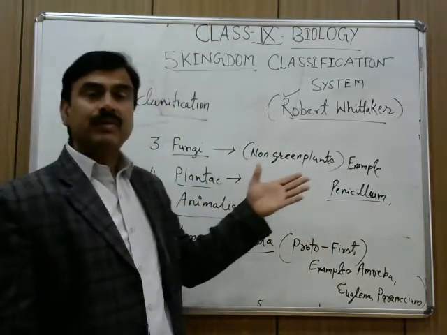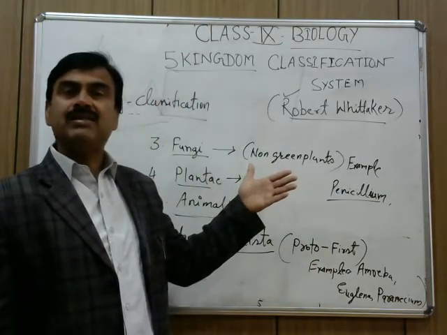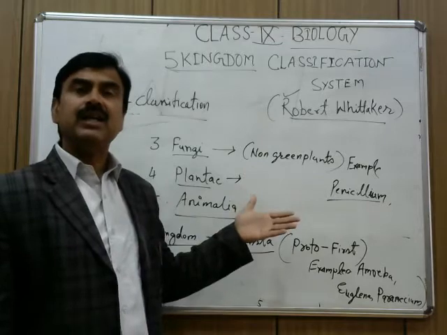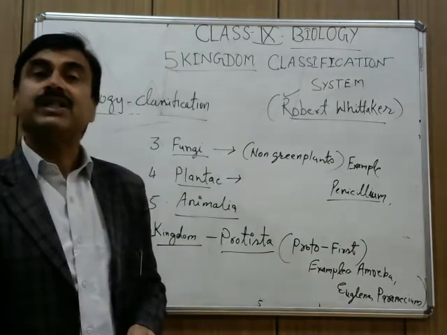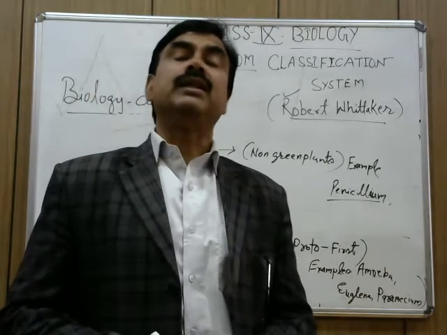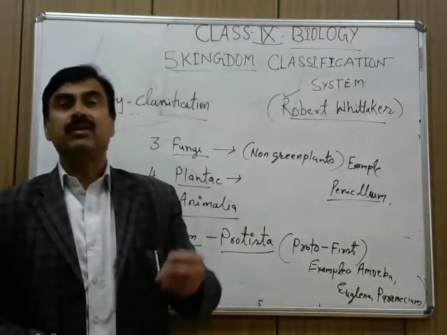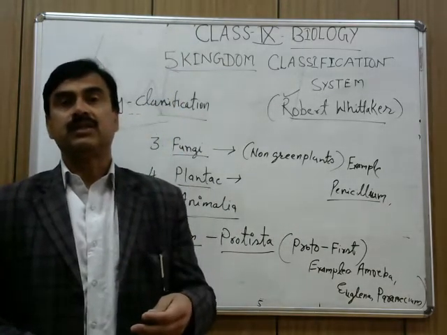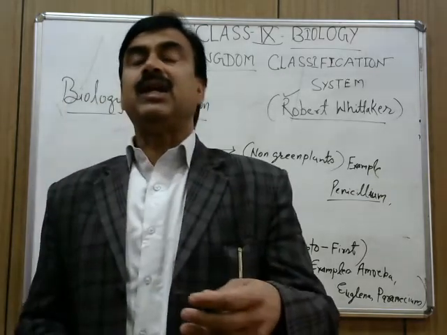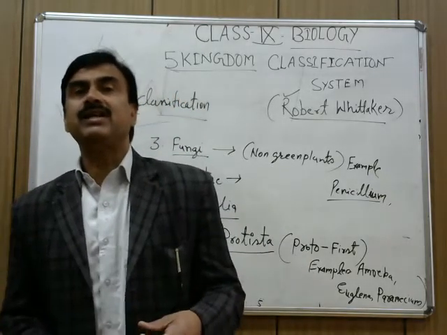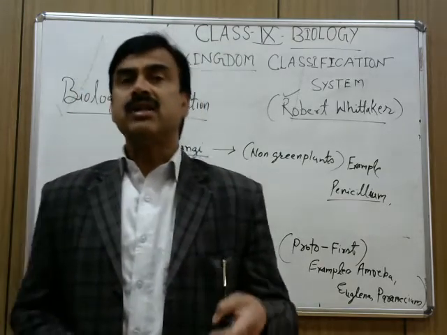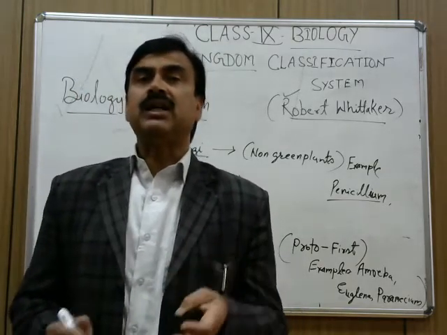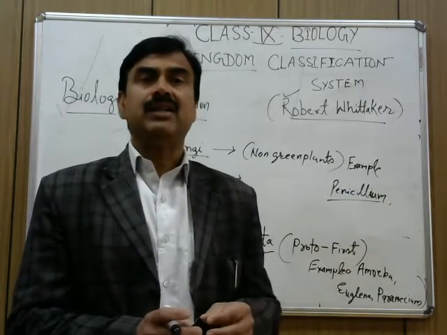So Penicillium, and there are many examples of fungi, which are non-green and cannot prepare their own food. They are not autotrophs, they are heterotrophs. Puccinia graminis, Puccinia triticii, there are many examples of fungi. You have noticed rust and smut are in this category, right?